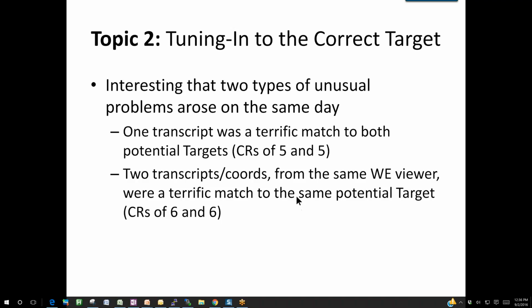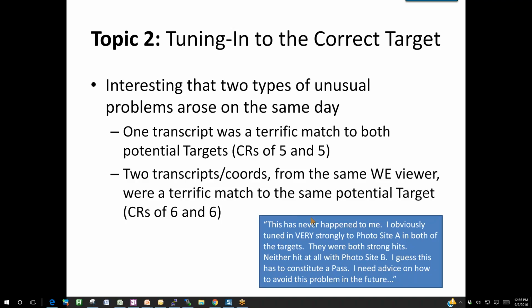And in this case, they actually got very strong matches, confidence rankings of 6 on both. One transcript was a really good match to one potential feedback. The other transcript was a good match to the other potential target. Therefore, you can't choose one over the other. So this is also another way of getting a pass.